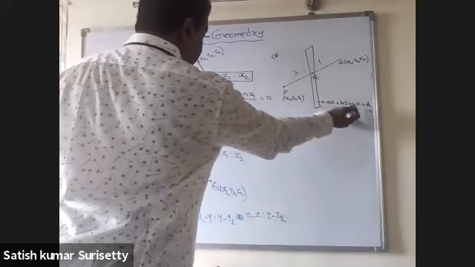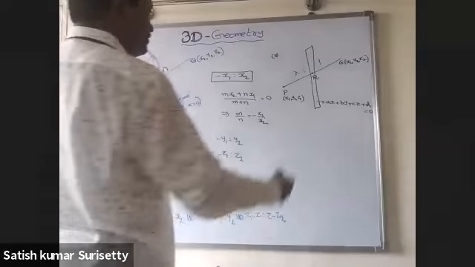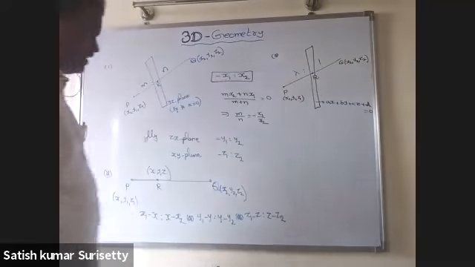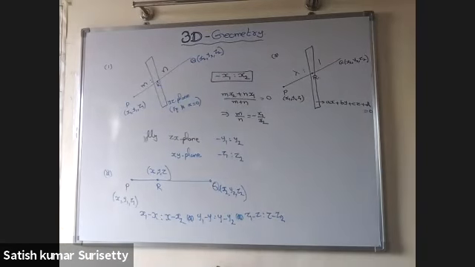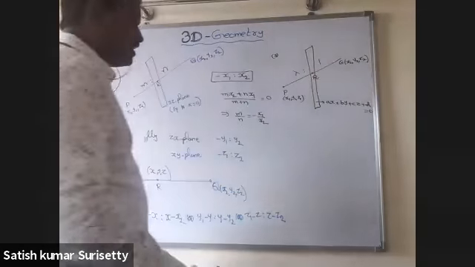Let ax plus by plus cz plus d equal to 0 be a plane. It divides the line segment joining P(x1, y1, z1) and Q(x2, y2, z2) in the ratio of lambda is to 1.